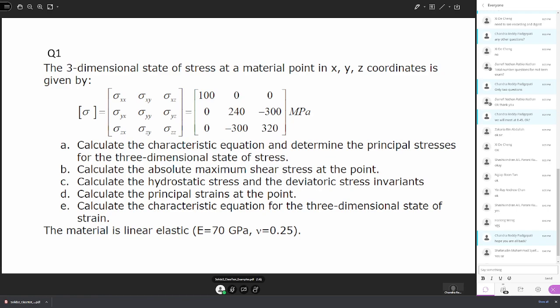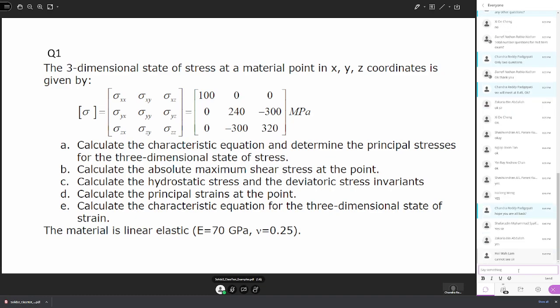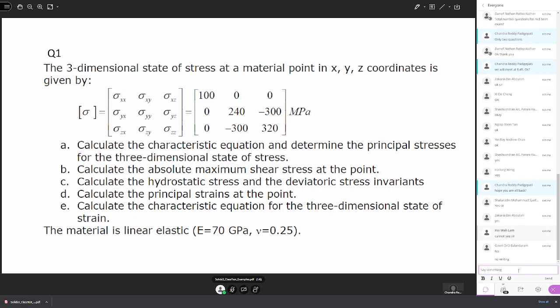It is given as 100, 0, 0; 0, negative 240, negative 300; 0, negative 300, and 320 megapascals. The Young's modulus is given as 70 gigapascals, and the Poisson's ratio is given as 0.25. You can see the screen, right? Or you can't see anything? Oh, writing, I'll show. Because I myself was copying from there.